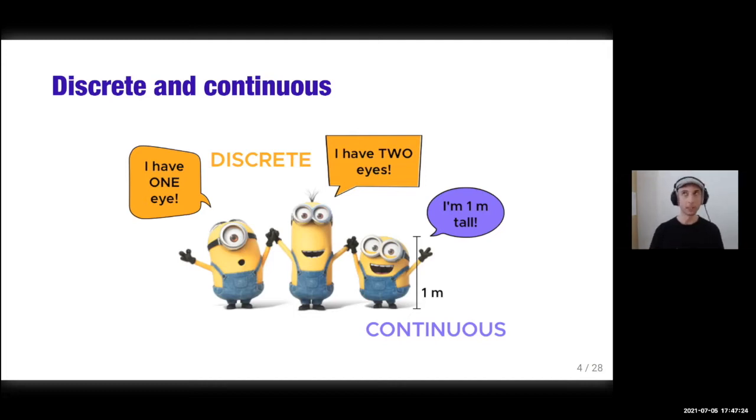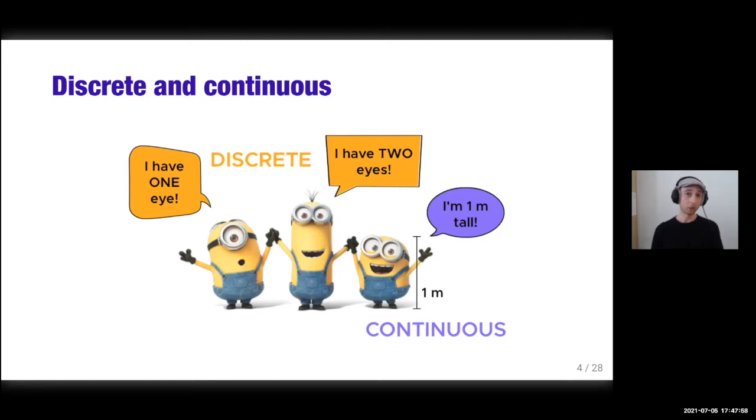It could be 1 meter 0.1 centimeter or 1 meter and 1 millimeter. And even within these values, you could pick basically any possible number. That is what a continuous probability distribution is: if you pick two values within the distribution, you can have an infinite number of values between those two values that you picked.